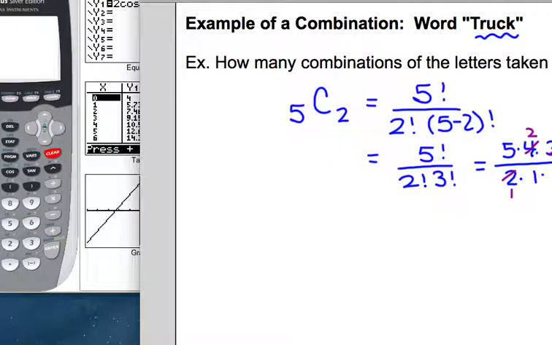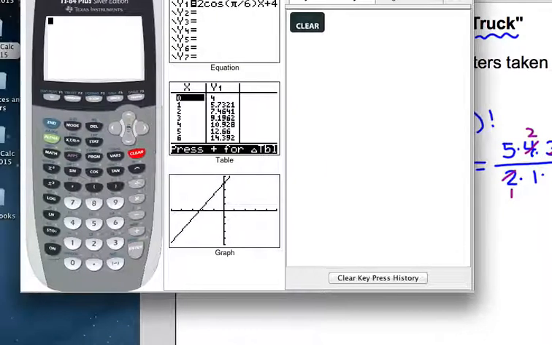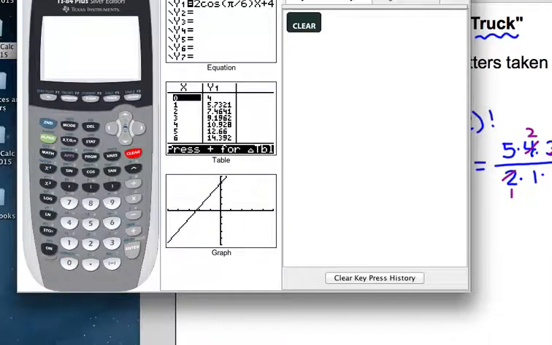All right, now I'm going to pull up the TI calculator. This hopefully isn't too difficult for you, since we've already shown you how to use factorials and the permutation formula. In that example we have 5 letters in the word truck, so we put the number 5.